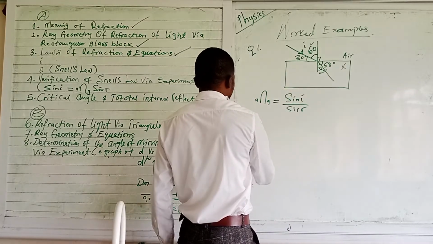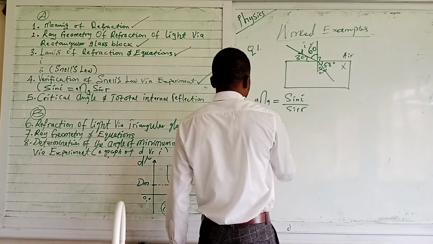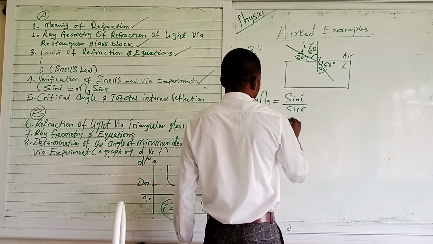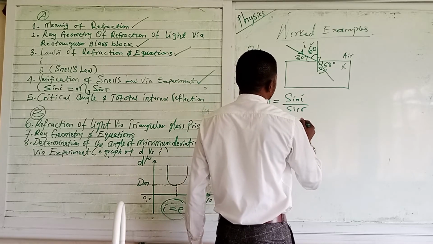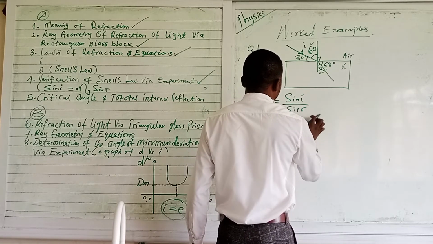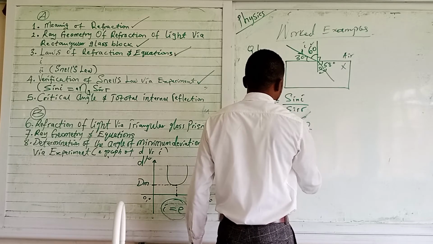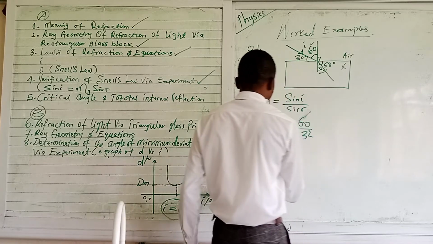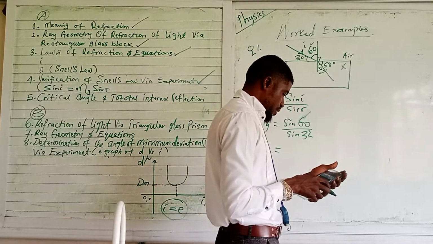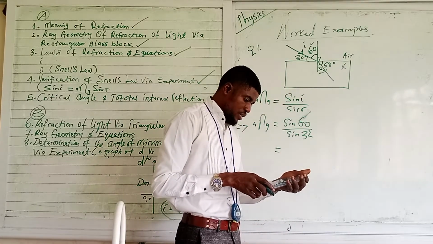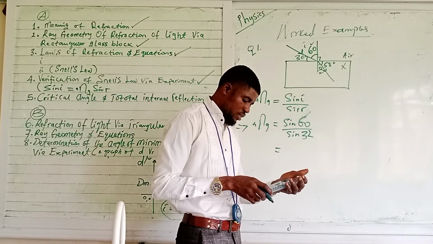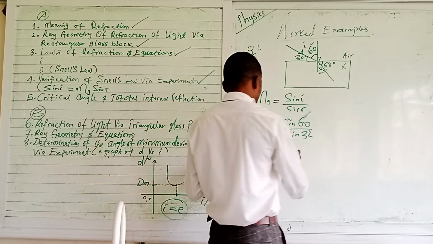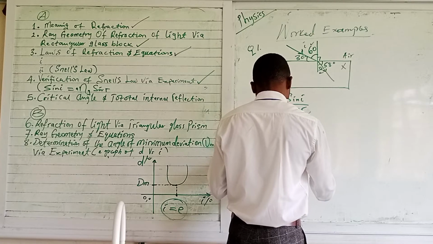So in this case, this implies that your refractive index of air to glass is equal to what? Sine 60 divided by sine 32. You do that correctly, and that will give you 1.63.